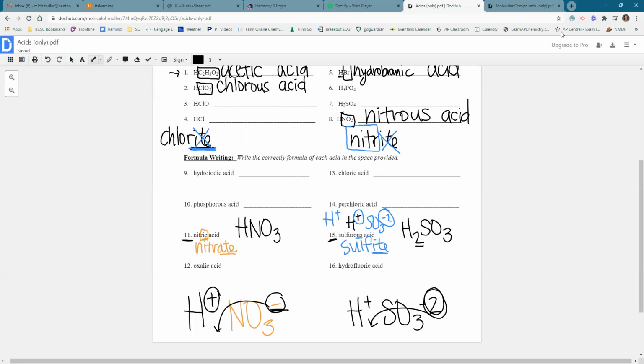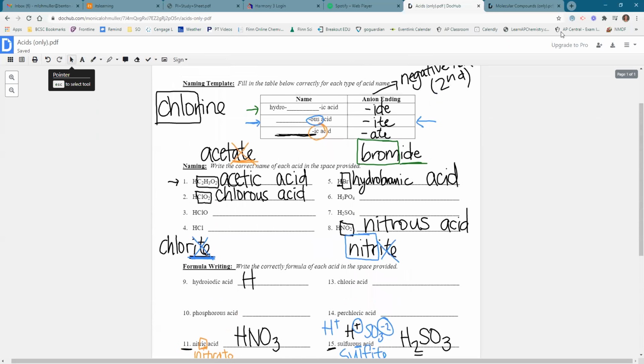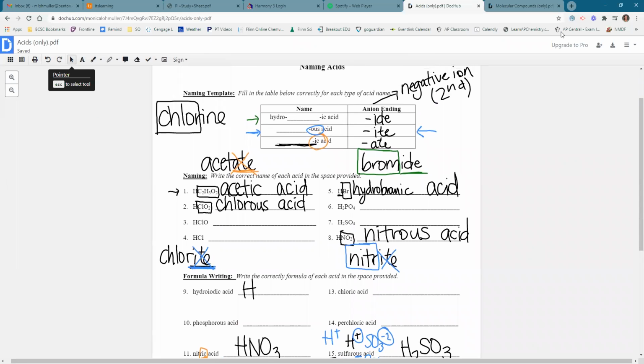And 14. Okay, well, let's pick 9. So we all know that it's all going to start with an H. It's an acid, okay? Now, this is where we need to look at the table and figure out what hydroiodic actually means.